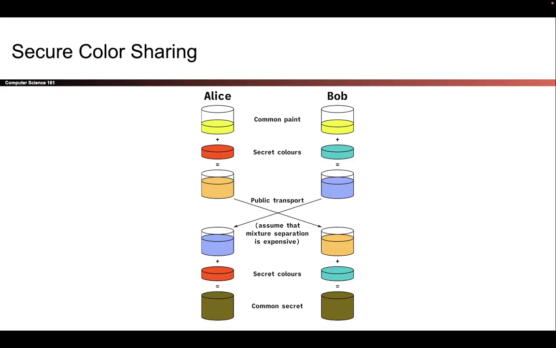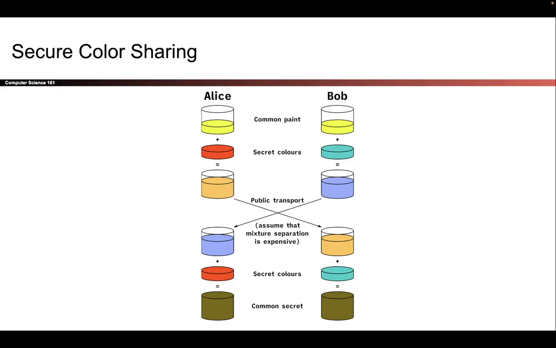Now Alice is going to generate her half of the secret, which is red, and instead of directly sending red across the channel, because that would spoil the secret, Alice is going to disguise the secret by taking her half of the secret, which is red, mixing it with the common color, which is yellow, to get something like orange.